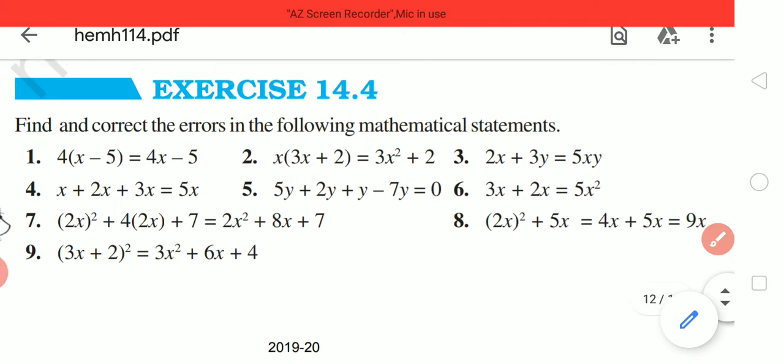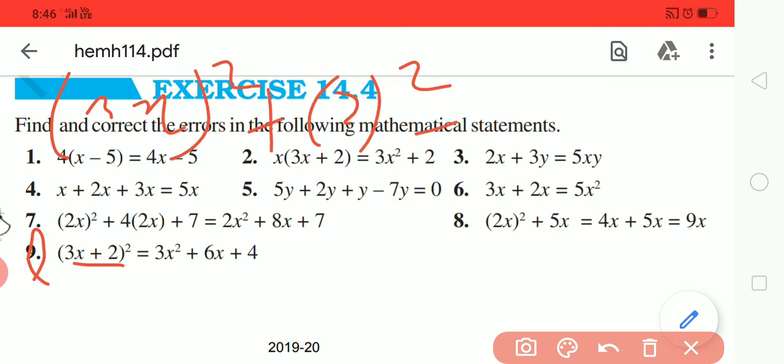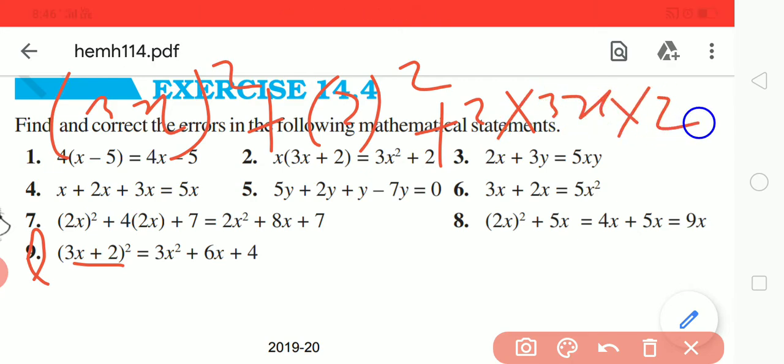Now come to question number 9. So here you have been given 3x plus 2 whole square. This is an identity: a plus b whole square is a square plus b square plus 2ab. So let us compare a with 3x, b with 2. You will get a square, that is 3x square, plus 2 square, plus 2 into 3x into 2, right?